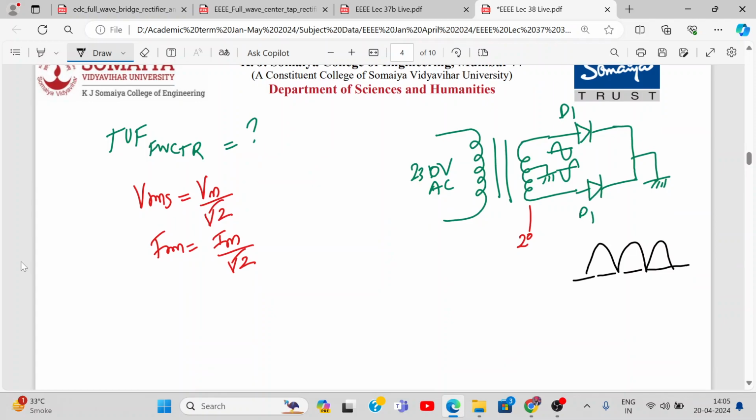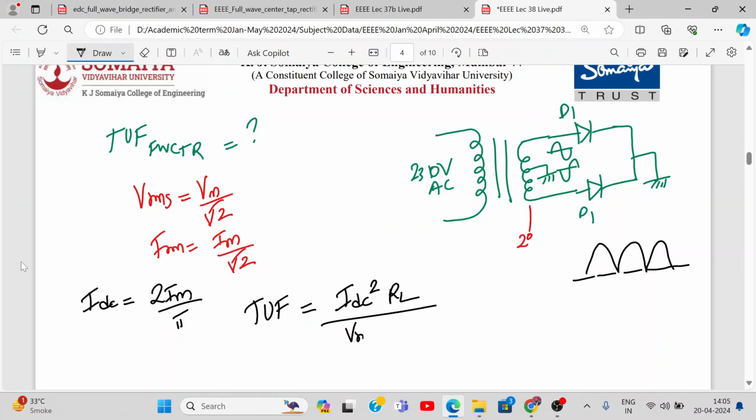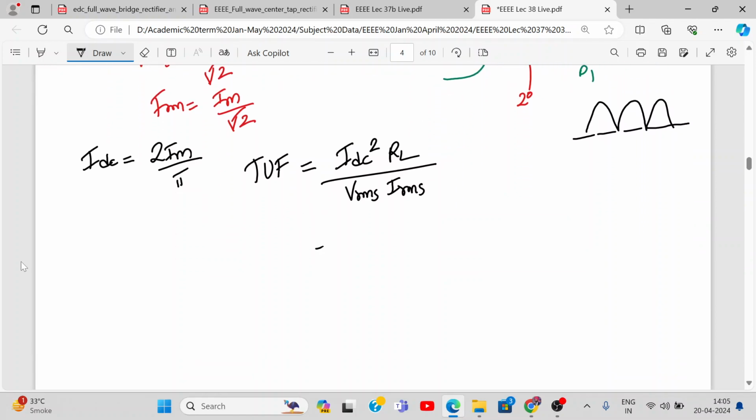So now we substitute the formulas. What is the IDC? It's 2 Im by pi. Now we use TUF, which is given by IDC square RL upon VRMS into IRMS. We substitute the values over here.